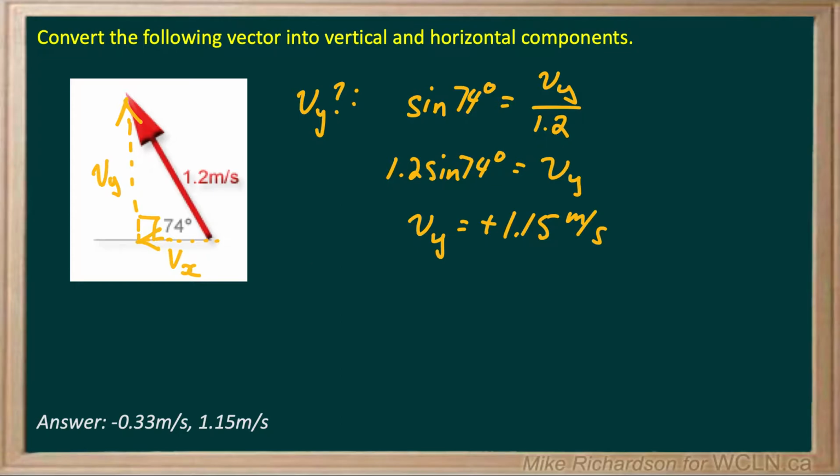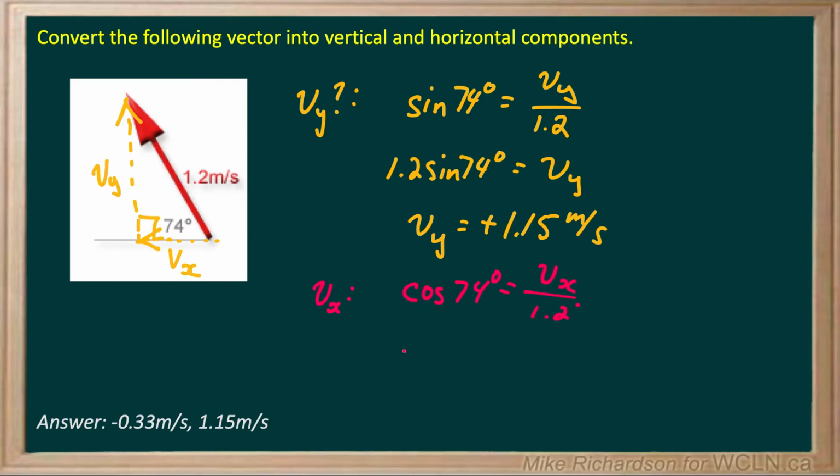Now horizontally, Vx, we see that Vx is adjacent to the angle, and adjacent over hypotenuse is cosine. So when we're looking for Vx, we're going to use the cosine. Cosine 74 is adjacent, which is our unknown, over hypotenuse.